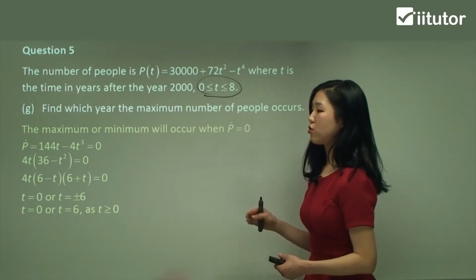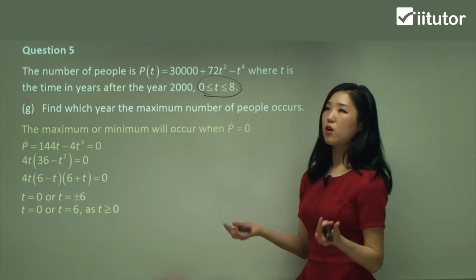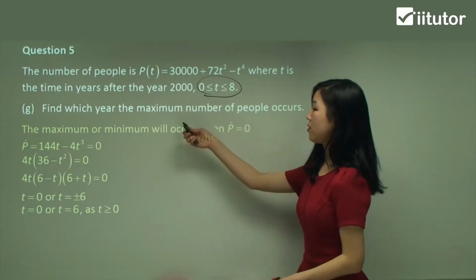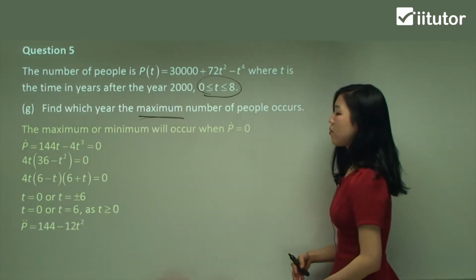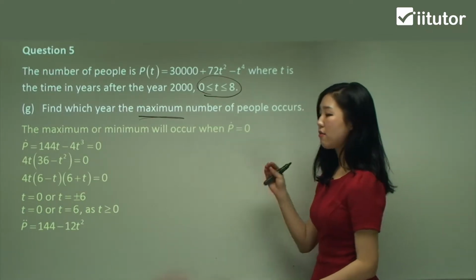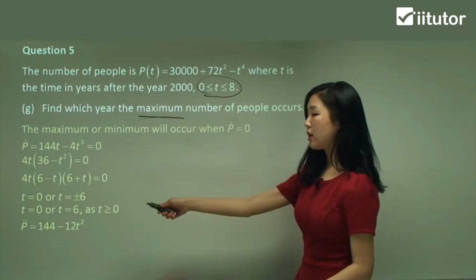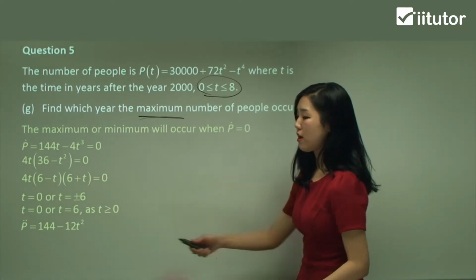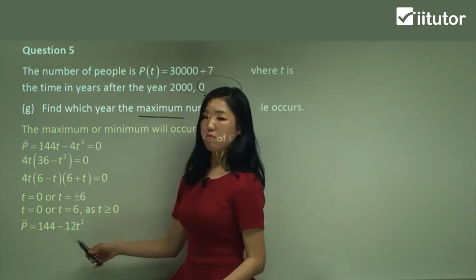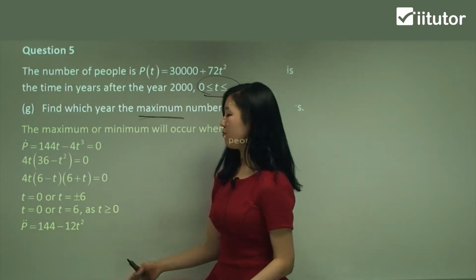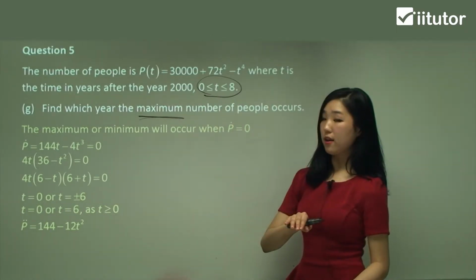So out of those 2, we're going to find which is the maximum because they want the maximum. Okay, so in order to do that, we're going to double differentiate and find what those values equal to. So double differentiate P, so I just differentiate P dot one more time. That's what you should get. Just do your usual differentiation, calculate it and just check with mine.